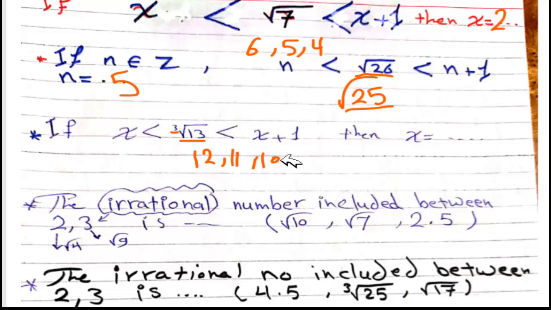No. 9, nothing. 8 is a perfect cube? Yes. Why? 2 by 2 by 2. So the cube root of 8 is 2. Then x equals 2. If you use your calculator, you will find the cube root of 13 equals 2 point something.